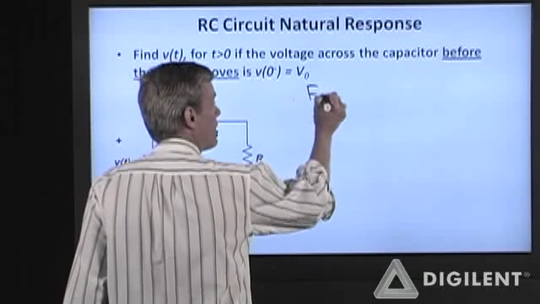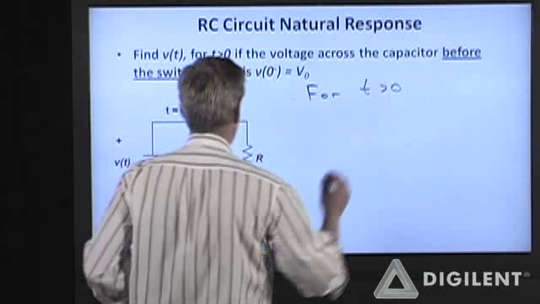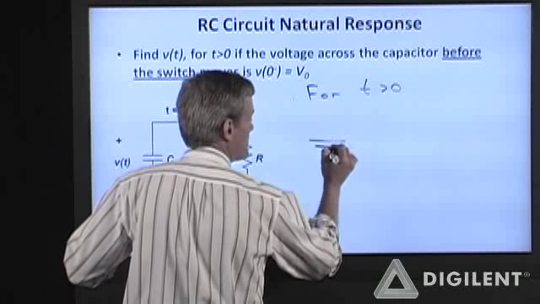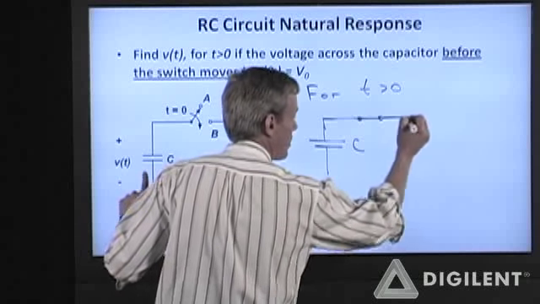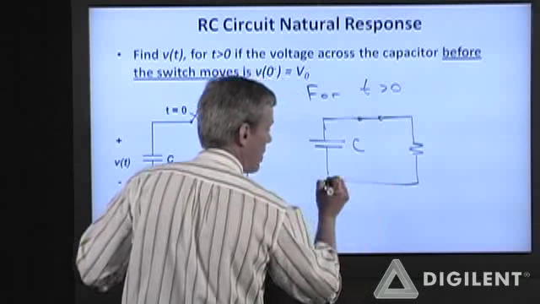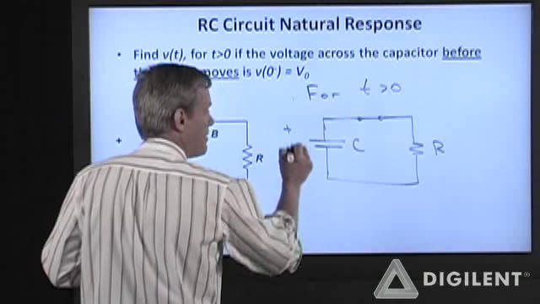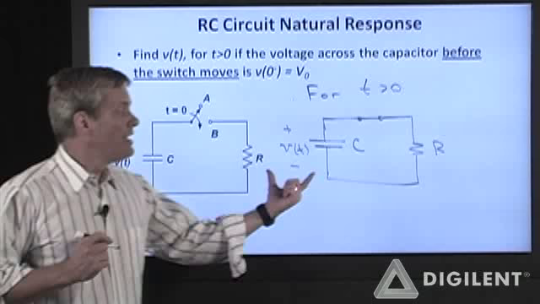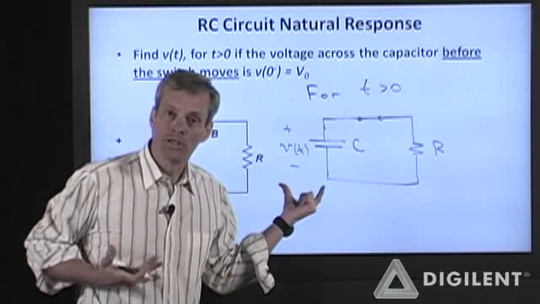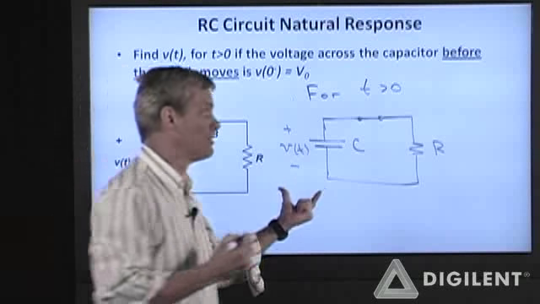So for t greater than 0, the circuit looks like this. I have a capacitance C. This switch is closed. I have a resistor R. And my voltage across the capacitor is V of t. Now I need to invoke my voltage-current relationships.